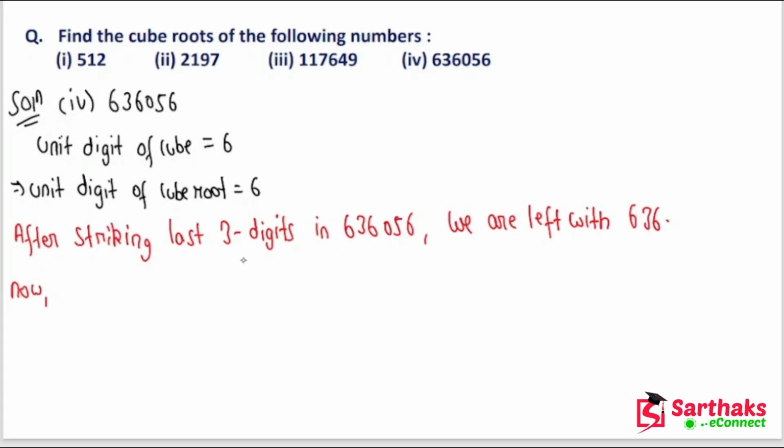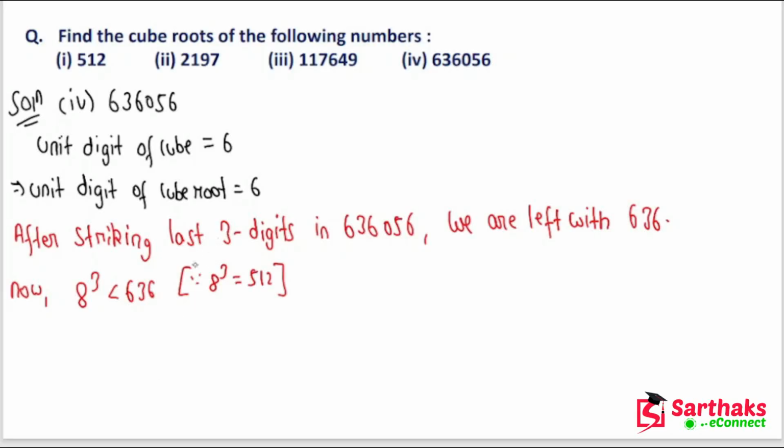So you can see 8 cube is the one which is less than 636, since 8 cube is equal to 512. To apply this method, you should at least know the cubes of numbers from 1 to 10. That is why I was asking in every lecture to learn the cubes of natural numbers from 1 to 20. It will always help you.